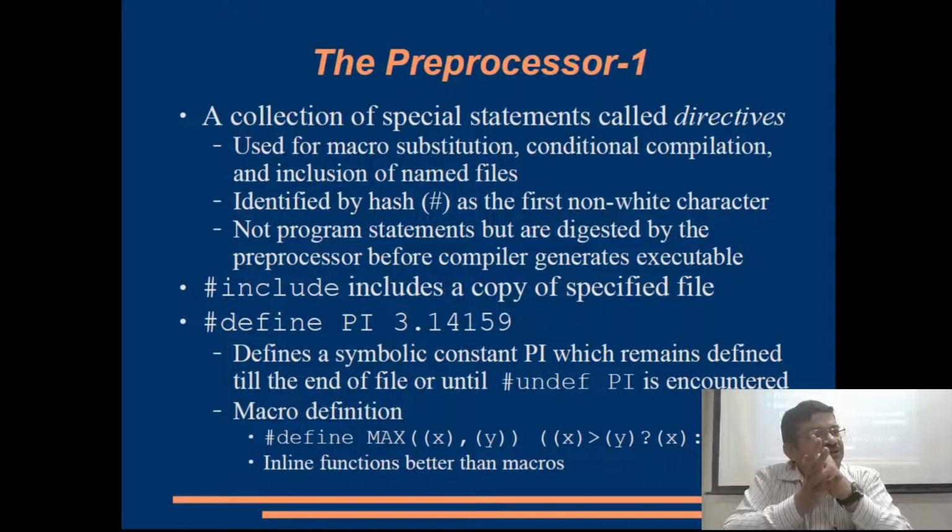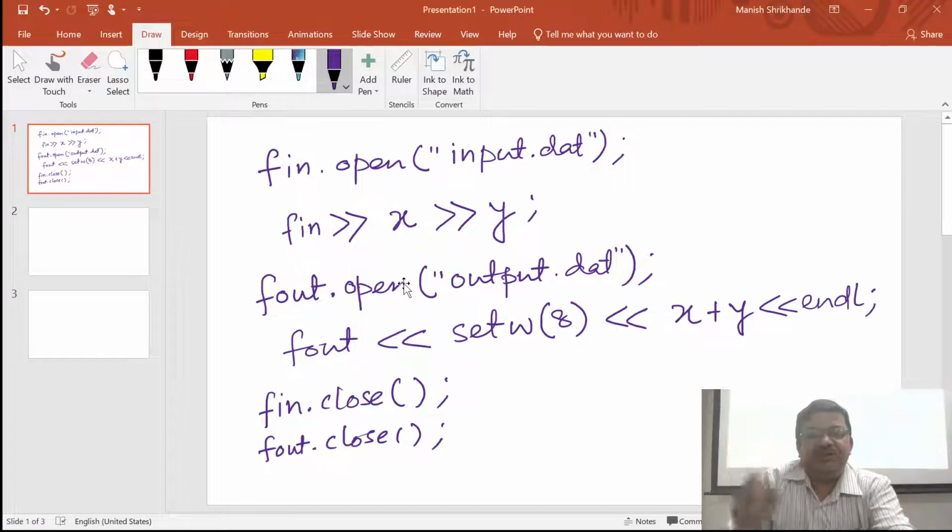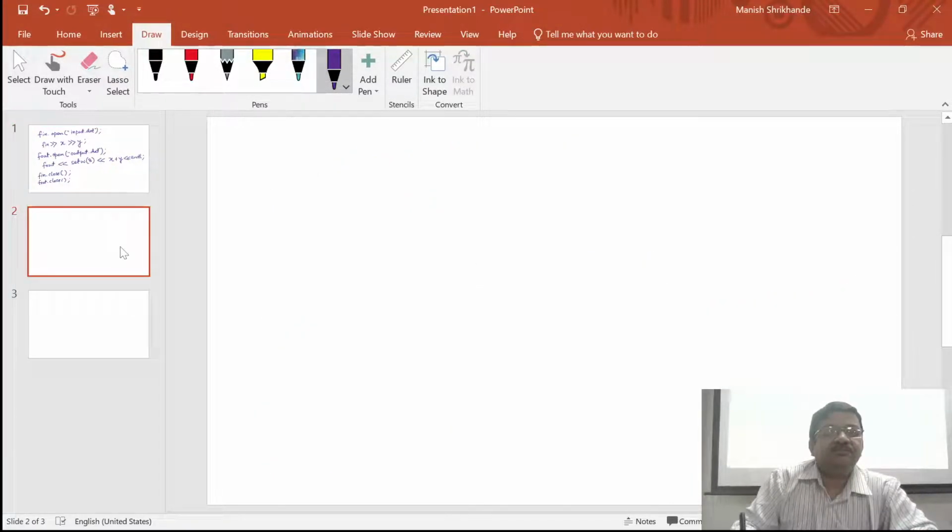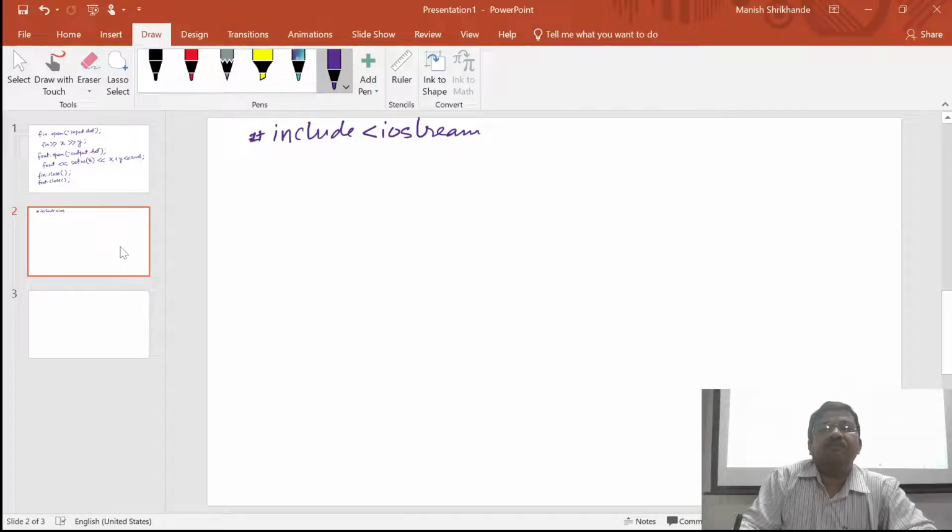So before we go to pointers, some basic preliminary discussion on the preprocessor and what we use those hash marks for. Right? I had mentioned that when we use include iostream, this is a C preprocessor directive.